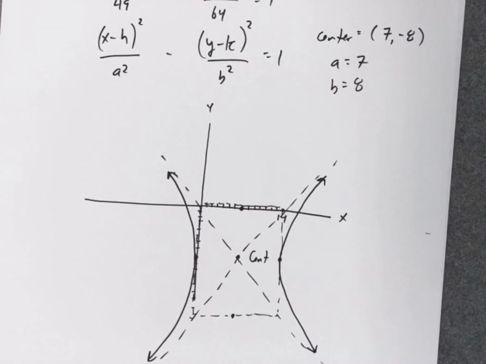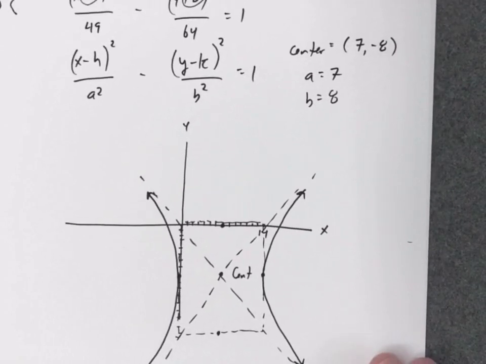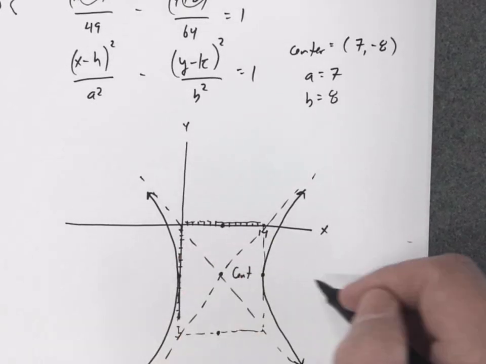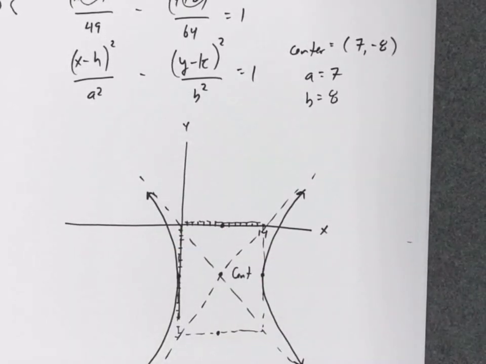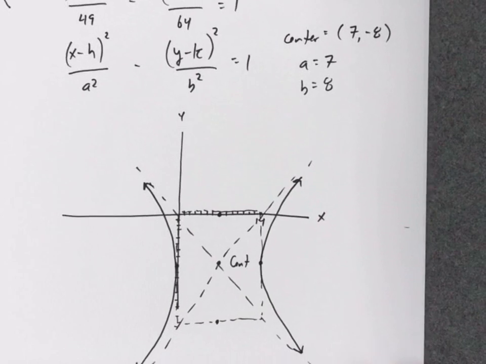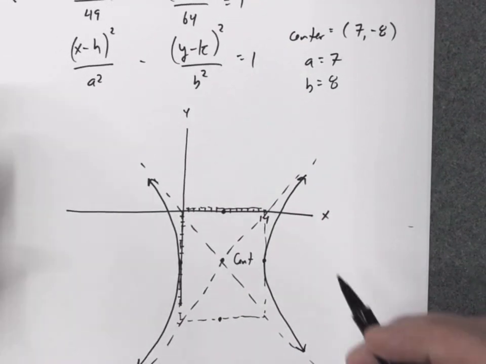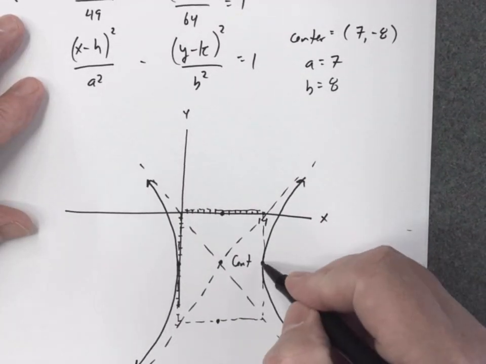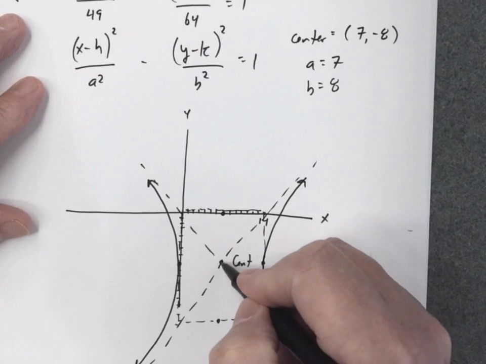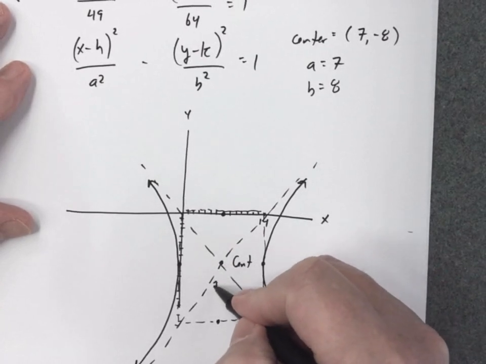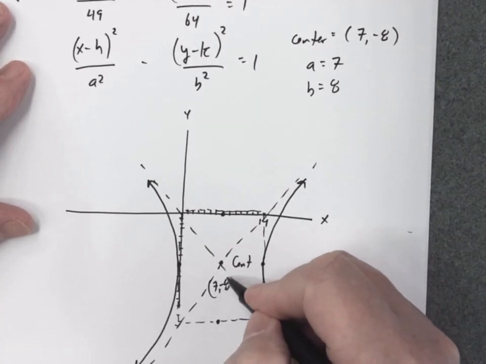So now I can try and start to figure out some of this stuff. For instance, they're going to ask about the transverse axis again. Once again, it's going to be parallel to the x-axis. The vertices, well, this center here is 7, -8.